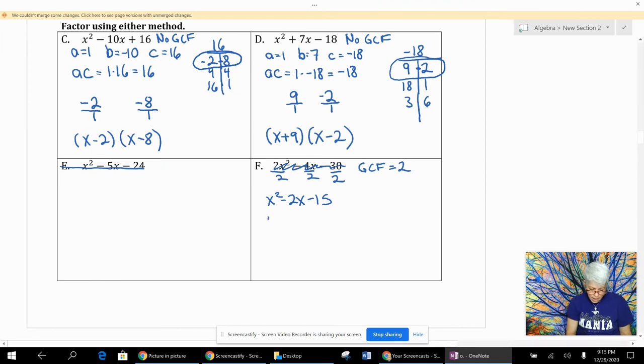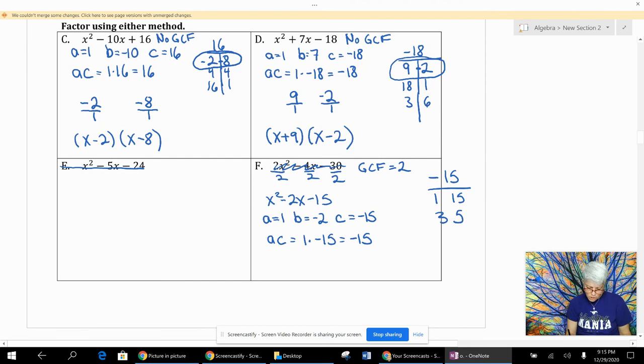Okay. A is 1, B is negative 2, C is negative 15. A times C is 1 times negative 15, which is negative 15. Factoring negative 15, I can only think of 1 and 15, and 3 and 5.